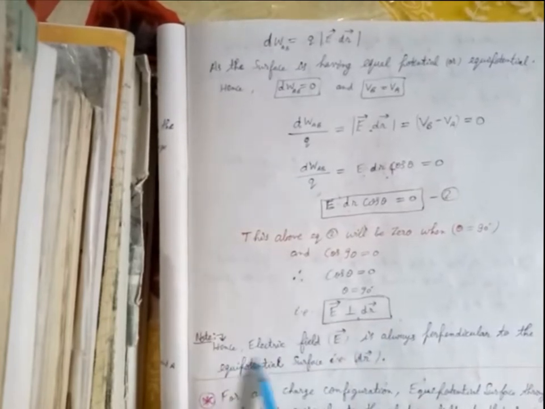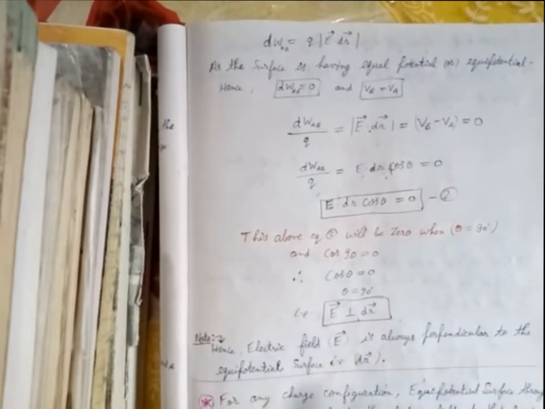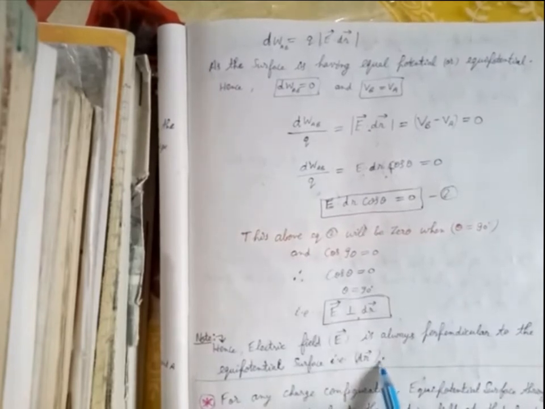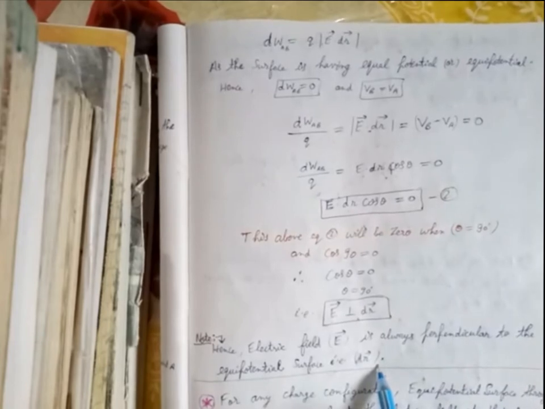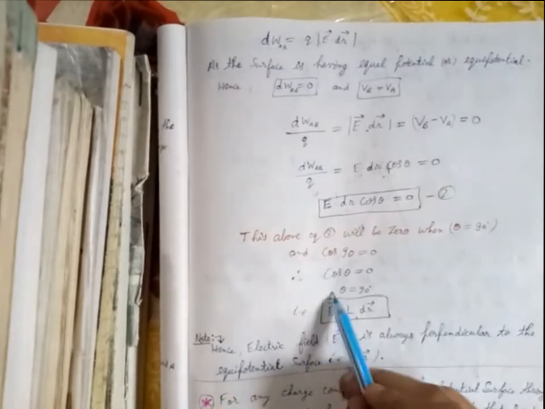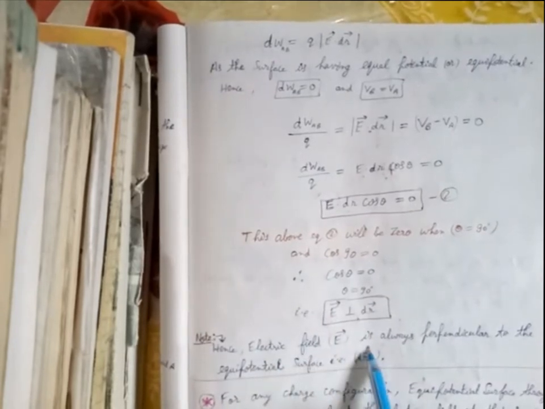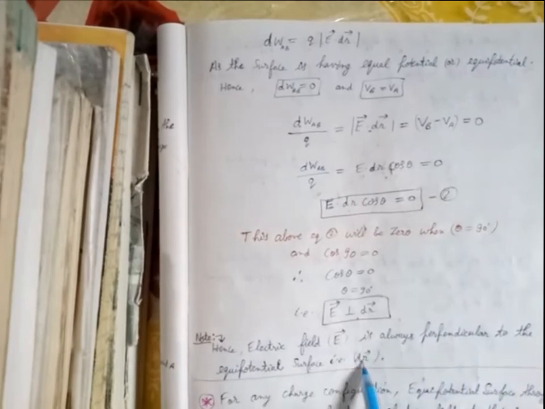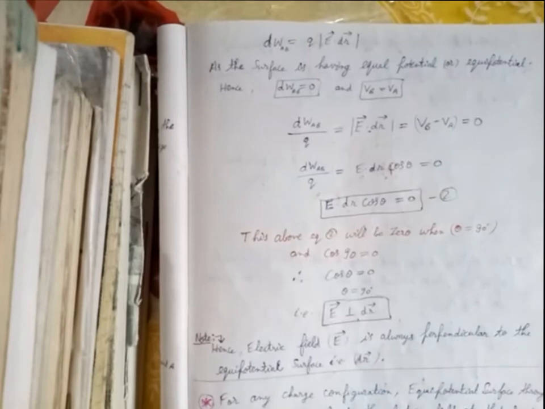Hence note that the electric field vector is always perpendicular to the equipotential surface, or to the displacement along the equipotential surface, dr. So this is one important result we are getting: the electric field is always perpendicular, or normal, to the displacement vector along the equipotential surface, that is dr.